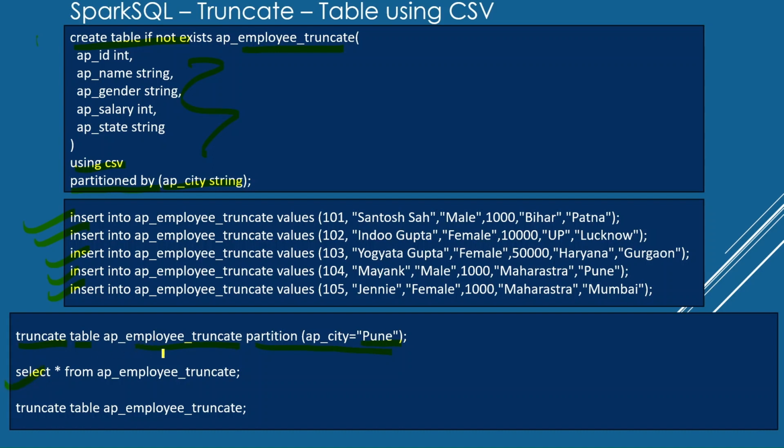If we do a select statement on this table, we can figure out that all the data where APCT is equal to Pune has been truncated from this table. And if you want to truncate the whole table with the help of a truncate command, by giving the name of the table, all the data present in this table will be truncated. Let's go to Databricks and perform this exercise.